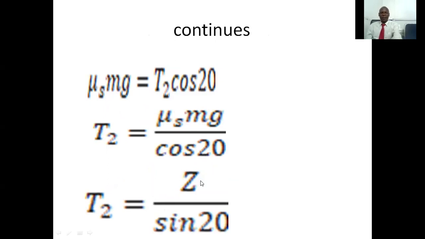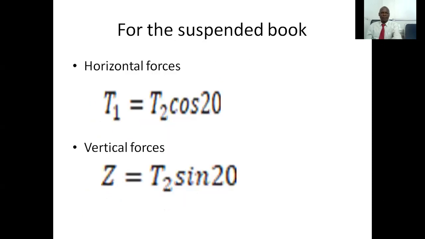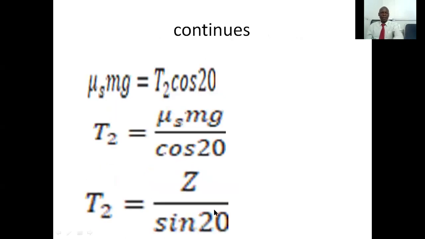And similarly, if we make T2 the subject of the formula from the vertical forces on system number 2, you're going to get Z, which is the weight of the second book, divided by sine 20. And this is what has happened. And since this rope cannot extend, T2 is equal to T2, and therefore the tension is the same.